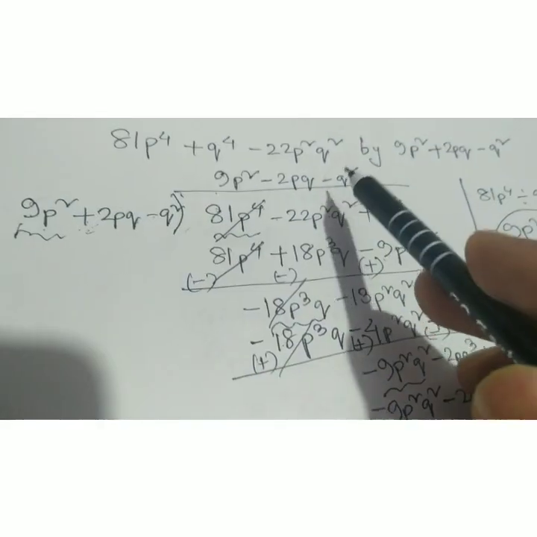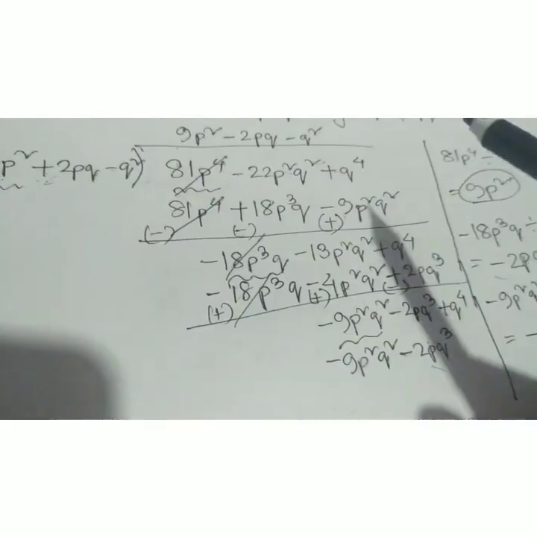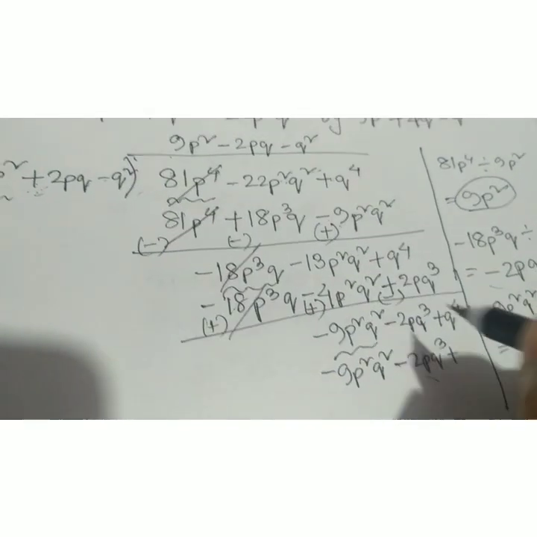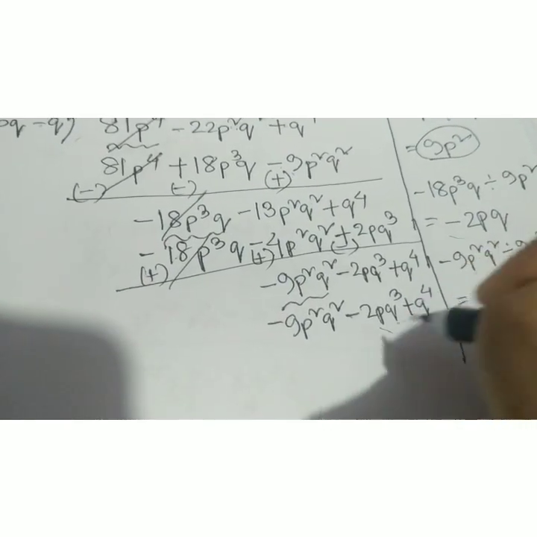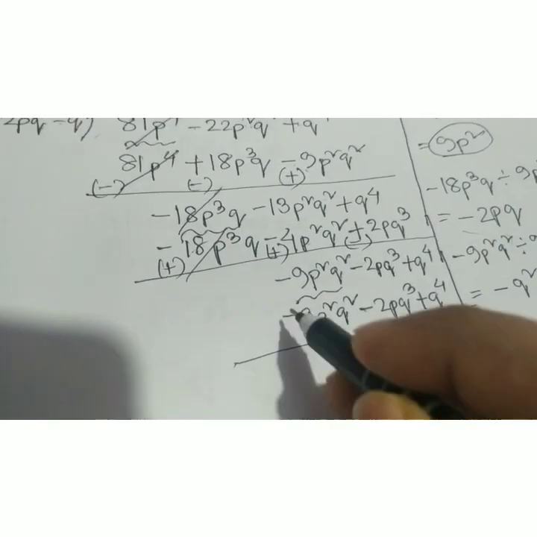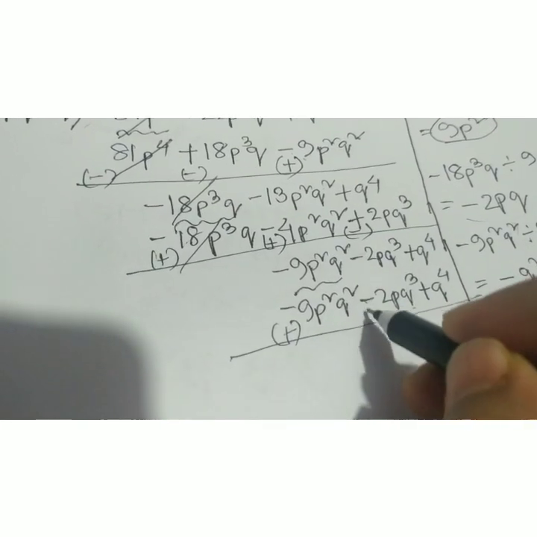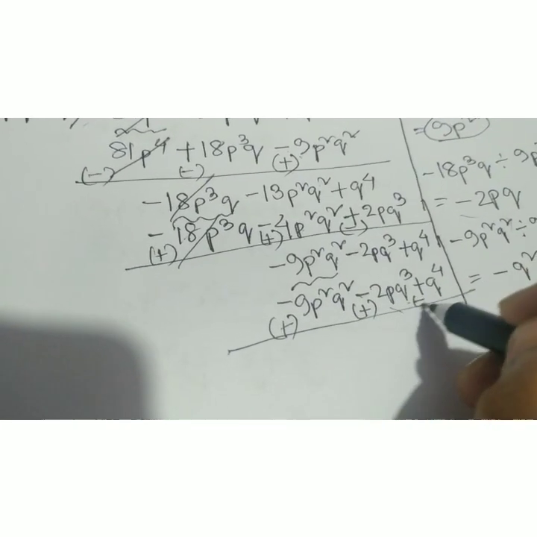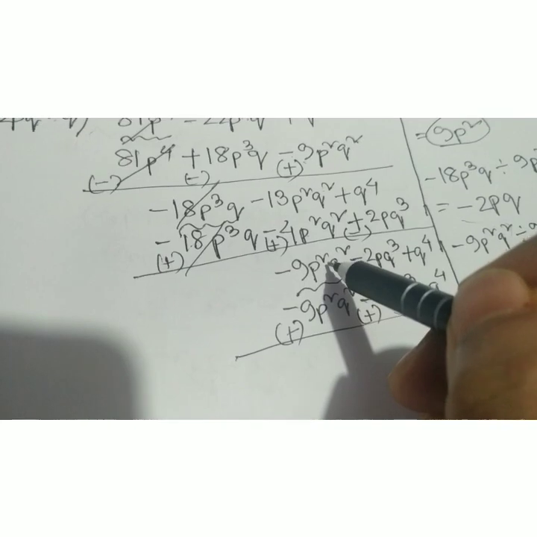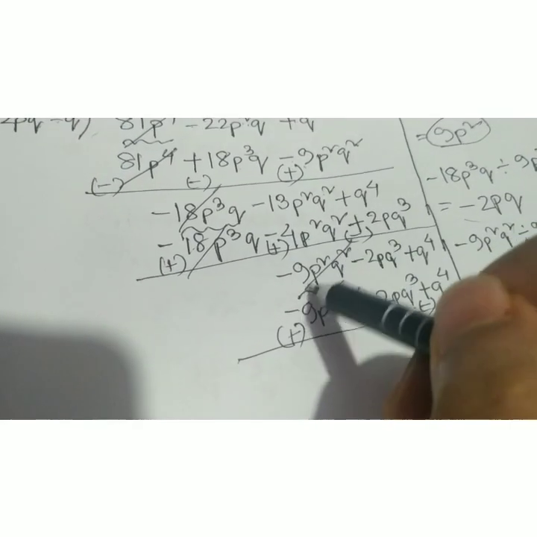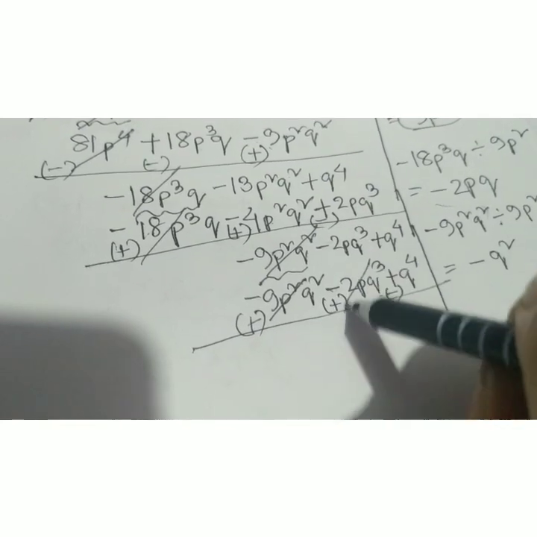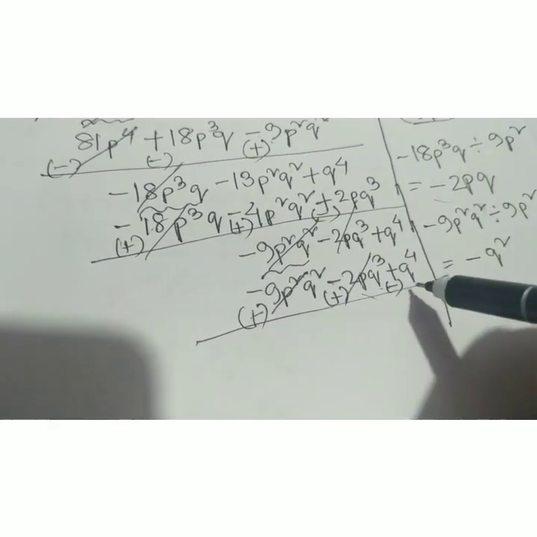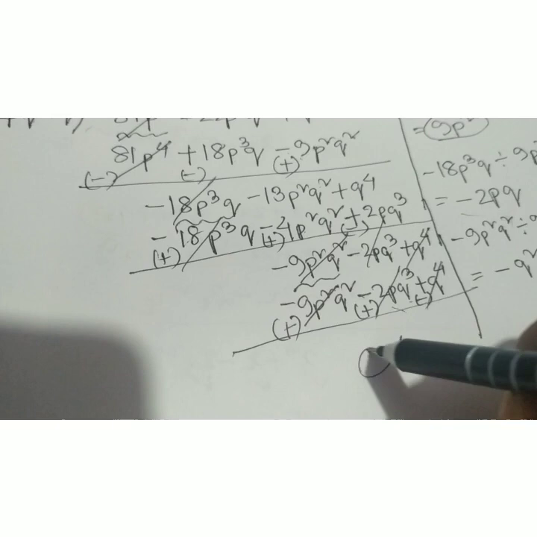Finally, minus into minus is plus, q² into q², q to the power 4. This becomes plus, this becomes plus, this becomes minus. So minus 9p²q² plus 9p²q² cancelled. Minus 2pq³ plus 2pq³ cancelled. Plus q⁴ minus q⁴ cancelled.